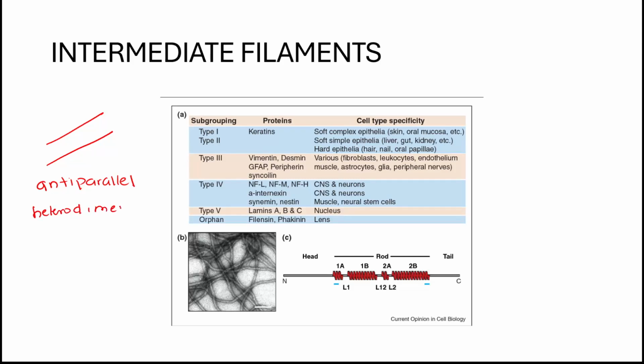These are rod-like proteins which are composed of an alpha helical shape and a coiled coil structure. So once they are bound in an antiparallel manner, they are involved in the formation of intermediate filaments. So this, in fact, is not composed of two dimers of tubulin.